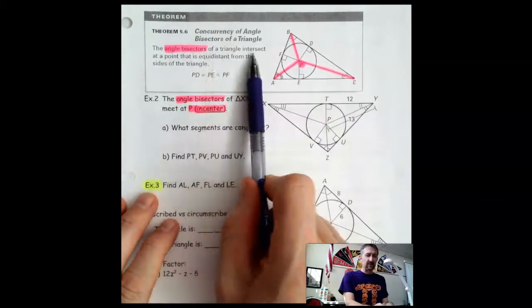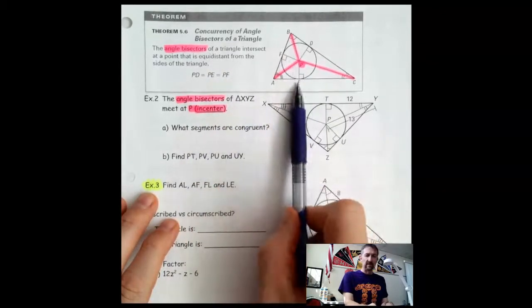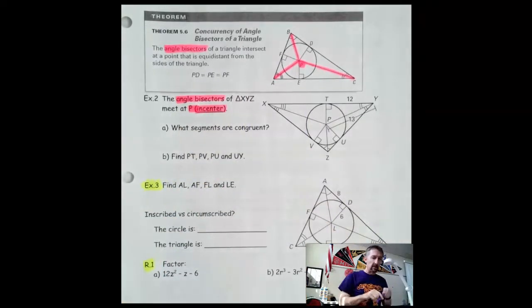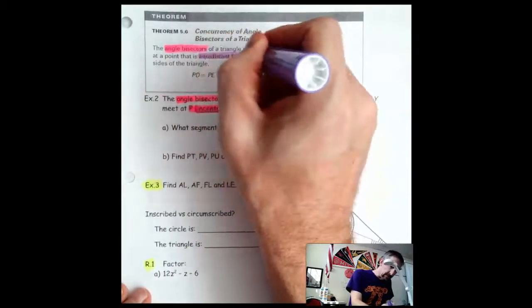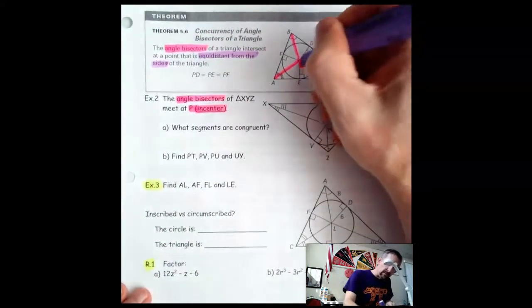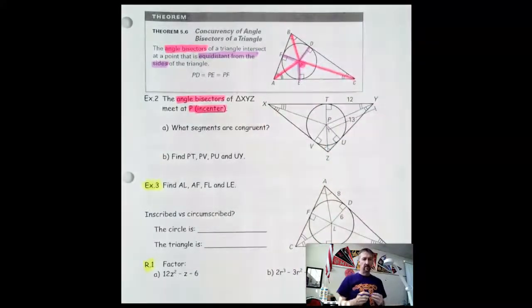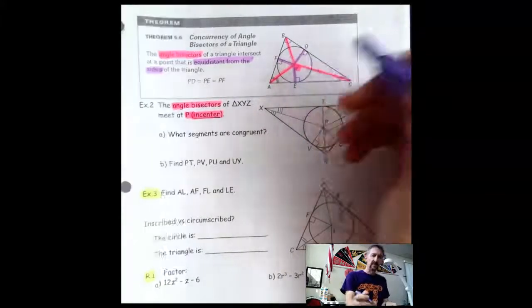The angle bisectors of a triangle intersect at a point that is equidistant from the sides. Okay? Running out of colors here. So equidistant from the sides, that would be these purple lines. And if those are equidistant, then those would be the radius of a circle inside.